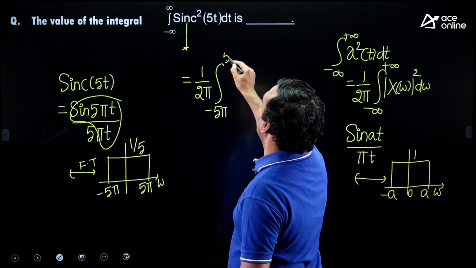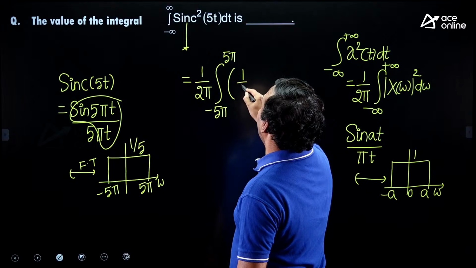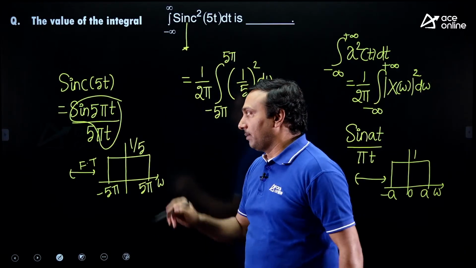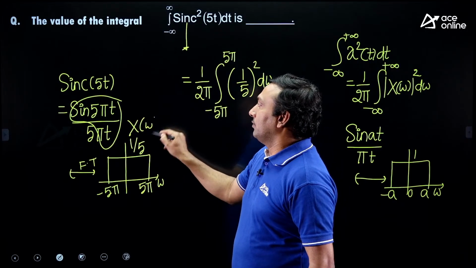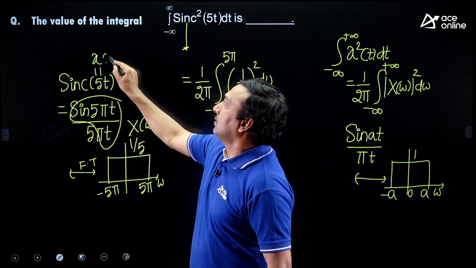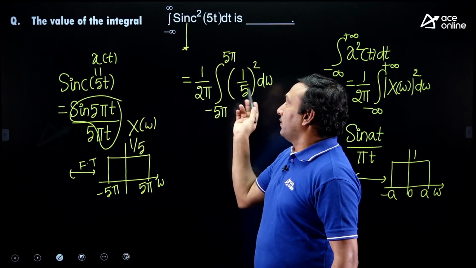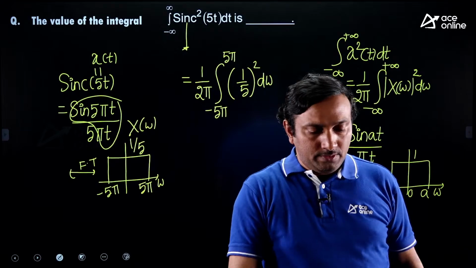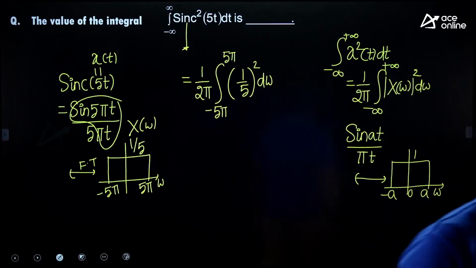Minus pi to pi, amplitude whole square d omega. Mod X omega whole square means what is the amplitude here? If you treat this like x of t, what is the amplitude? 1 whole square. After mathematical simplification, you get the simplified answer.